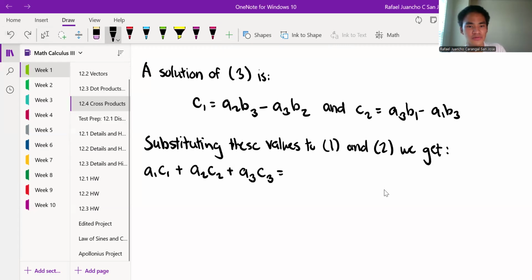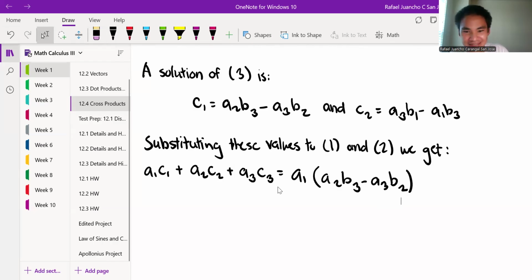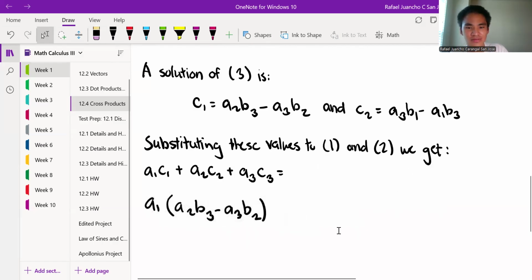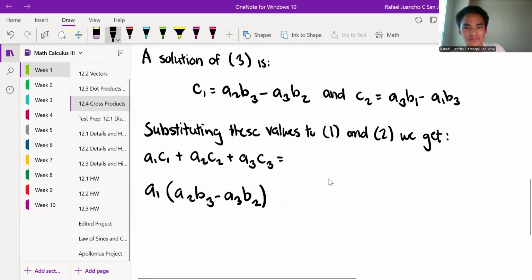We're going to plug in C1, so that's A1 times A2B3 minus A3B2. This is long. And we have C2 here.